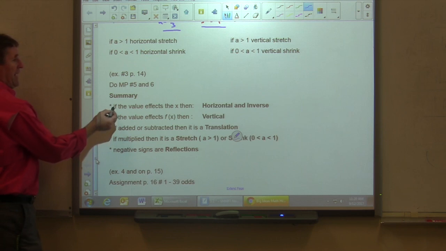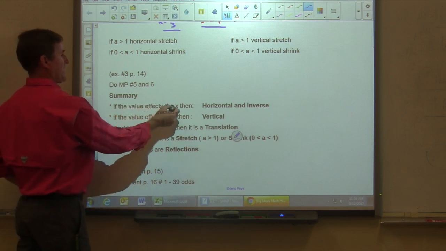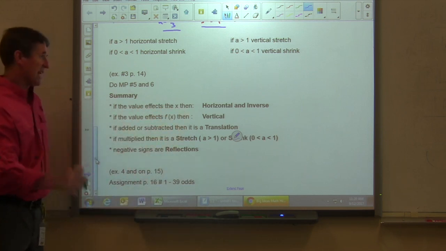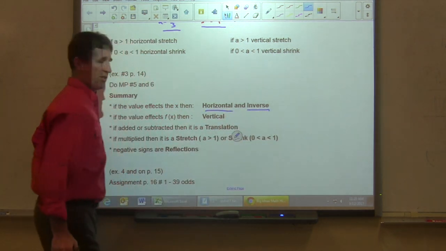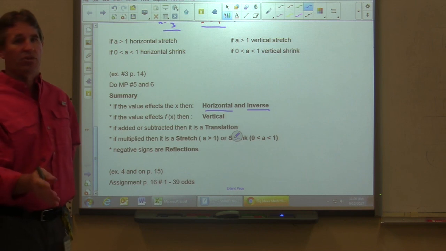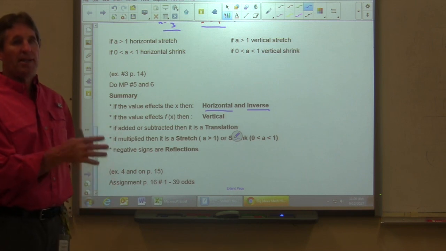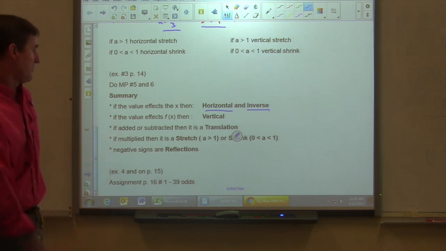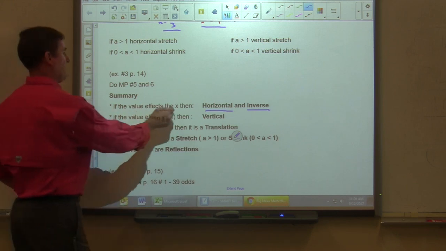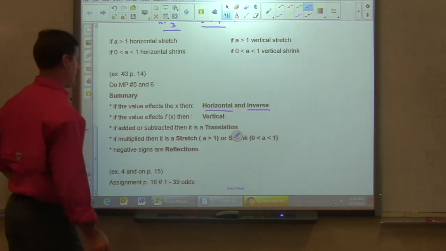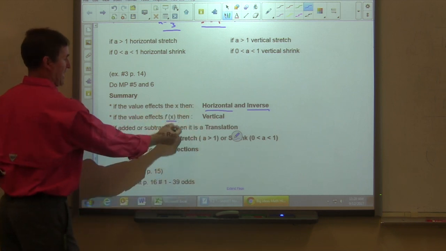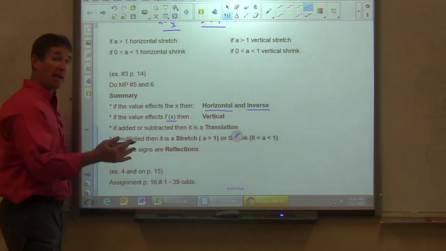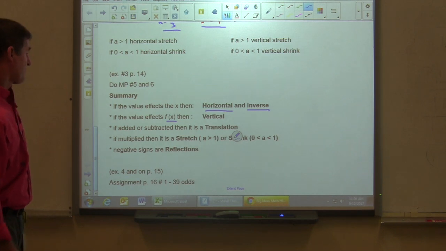So, our summary. If the value affects the x, so just the x, then we know that it's horizontal and it's the inverse. So if it's added, it's the additive inverse or opposite. If it's multiplied, it's the multiplicative inverse or reciprocal. But if the value just affects the x, it's horizontal and it's the inverse. If the value affects the whole thing, the whole f of x, then it's vertical, and it is what it says it is.